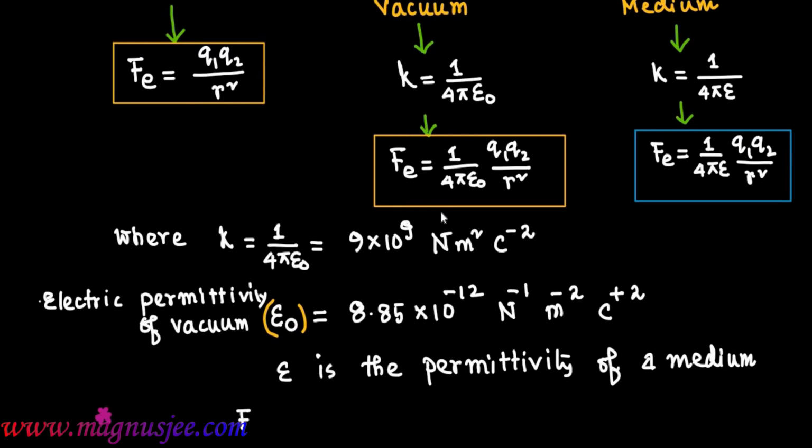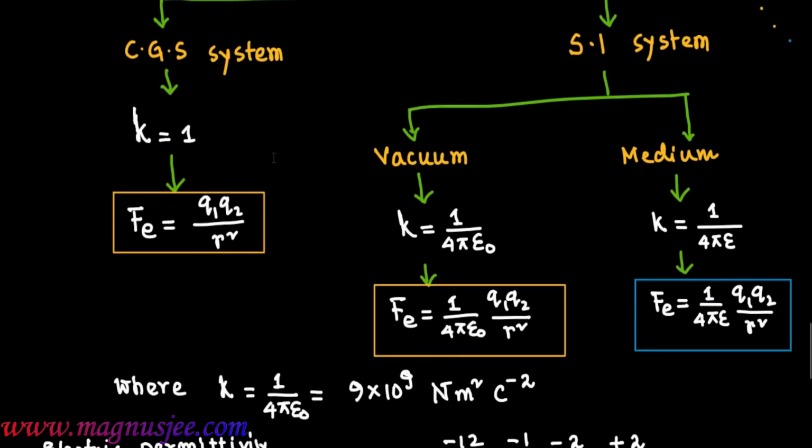Additional information, that is Fe proportional to 1 by epsilon. That means electrostatic force acting between two point charges is inversely proportional to the permittivity of a medium. Now the expression of electrostatic force in CGS system is Fe equal Q1 Q2 by r square.